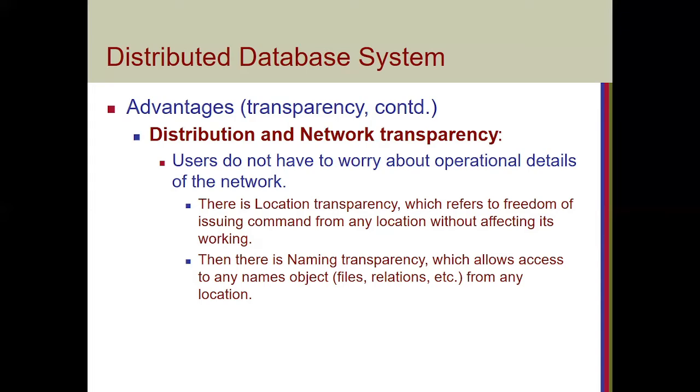For example, when you set up your various attributes and entities within a database, they always conform to a particular standard. This is what we refer to as naming transparency. So as we replicate and fragment the different entities and attributes, they should have the same naming convention across the different sites. And that's what we refer to as naming transparency.